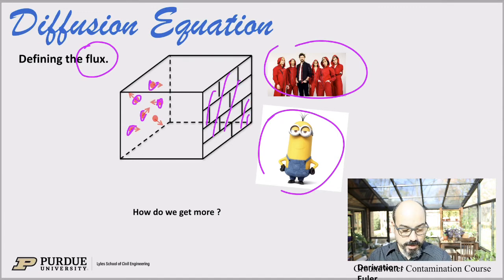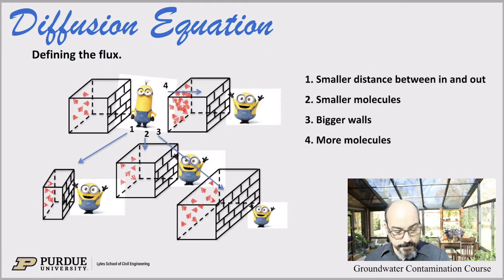So let's imagine we have a bunch. Again, you can think of these little dots as banknotes. You can think of them as molecules moving around, anything really, particles, something that we'd like to traverse and get to us. So how can we get more? Well, there's essentially four parameters, if you will, or four things that can move things faster across.